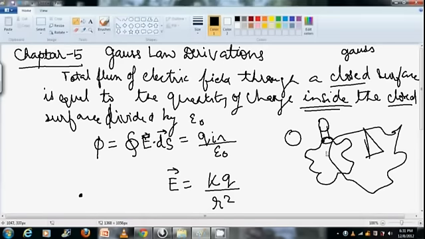But Gauss law is really powerful when we have symmetry in our problem, like a sphere or a cylinder. Whenever we can take advantage of symmetry, Gauss law will be very powerful.